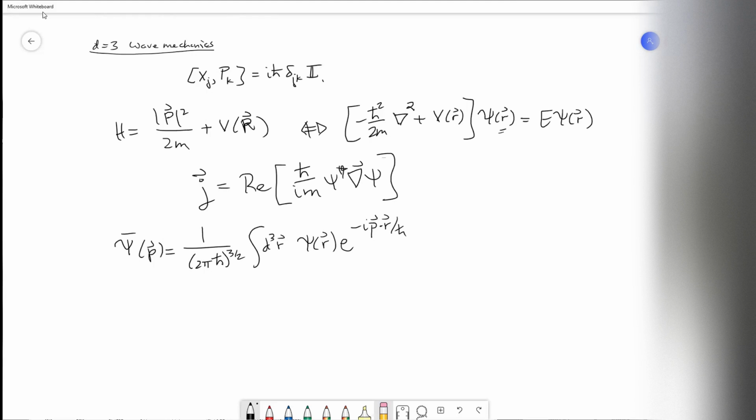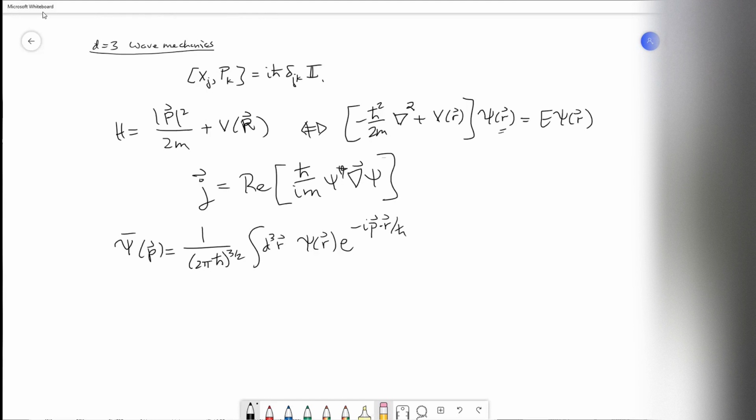Yeah, so that's why we don't really talk about 3D very much, because conceptually it's not that different. You just have to solve a multi-dimensional differential equation instead of a 1-dimensional one.